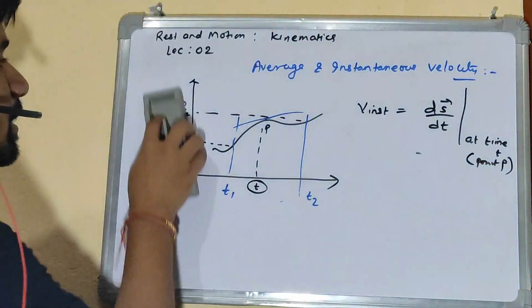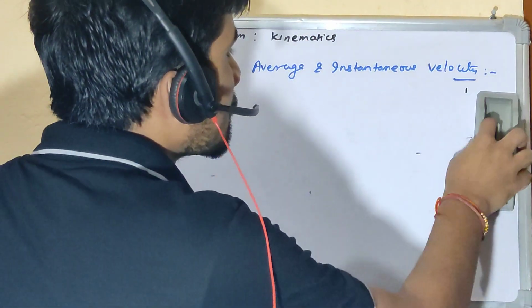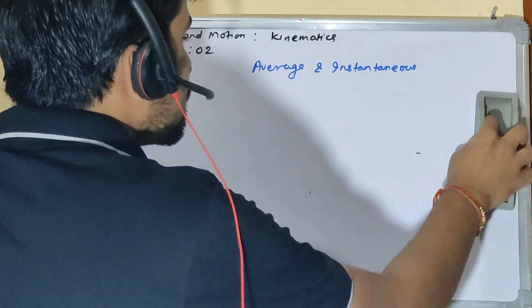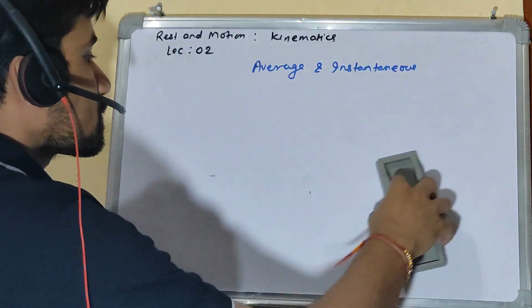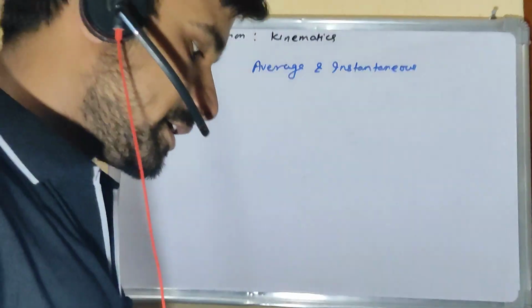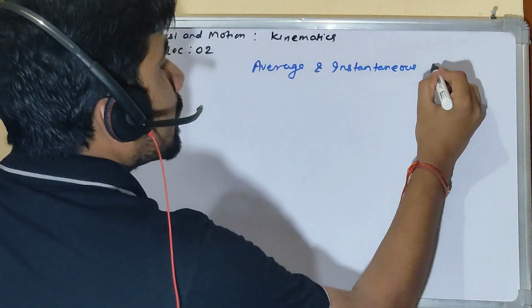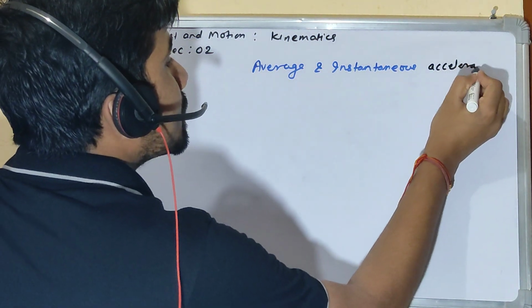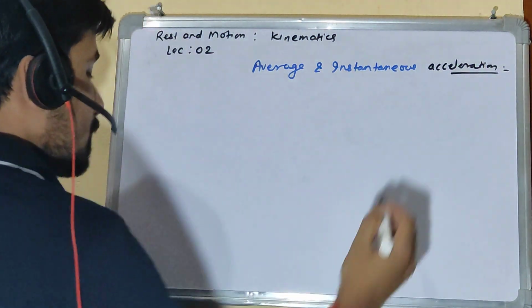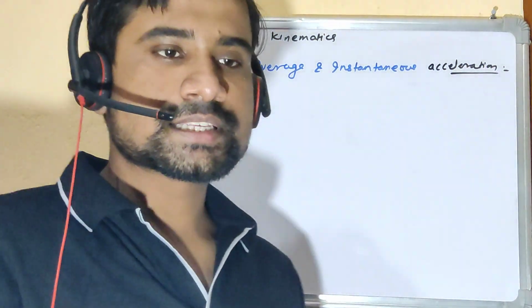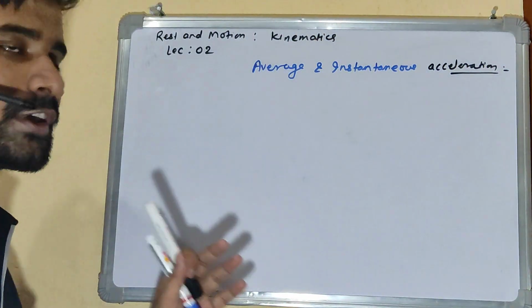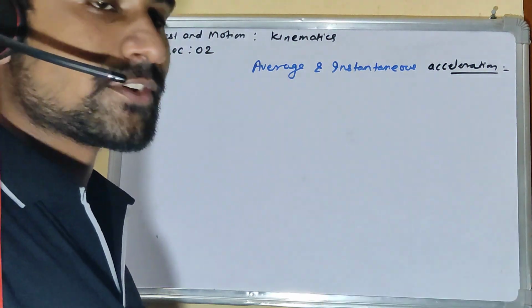Now let's talk about average and instantaneous acceleration. How we discussed velocity, the same will go for acceleration also, but when we talk about acceleration, we talk about change in velocity, right?